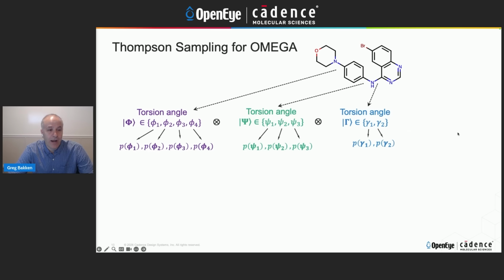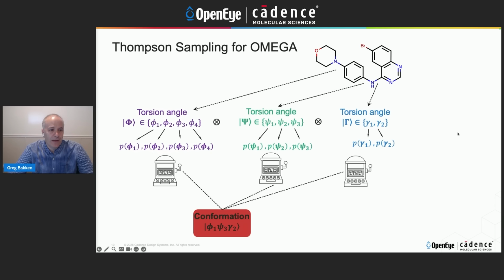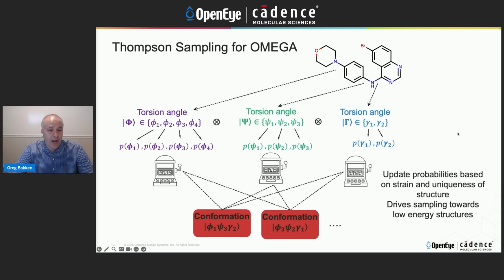So we think about priors for each of those torsion angles, and then we can sample from those. So this is sort of that classic multi-arm bandit view where we pick a particular torsional angle for each of the rotatable bonds, and we use that to generate a conformation, which we can then assess and score. And we can continue to repeat this process, and each time we generate a new conformation, we look at the characteristics of that conformation and ask, is it good or bad?